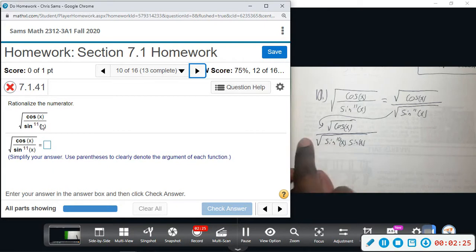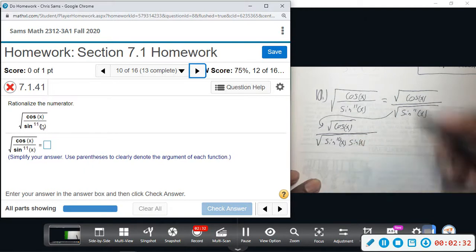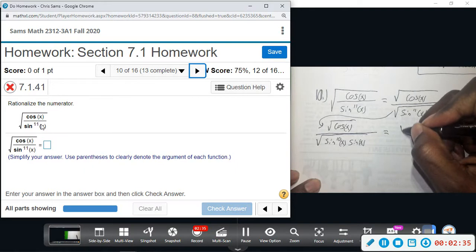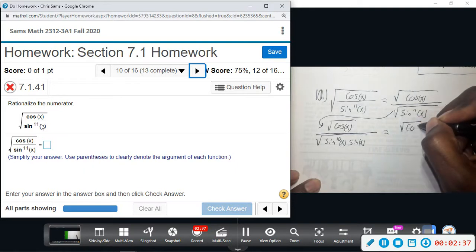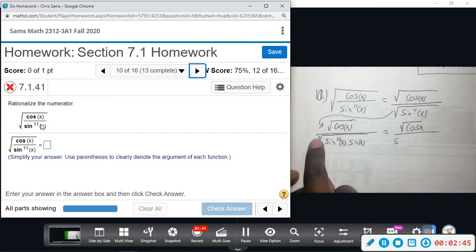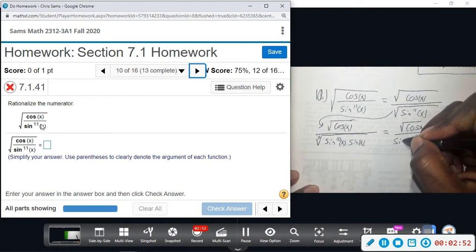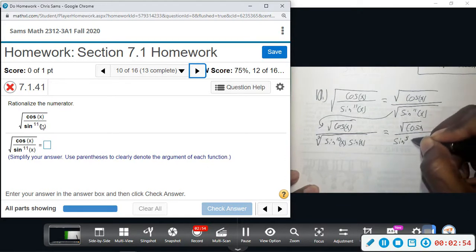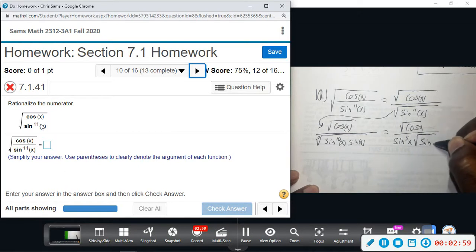So that these will come out and become sine to the 5th power on the outside, and this one will be left by itself because it's not divisible by 2. So we will end up with the square root of the cosine of x on the bottom, 10 divided by 2 because it's a square root. Whatever power you have, that's what you divide your exponents by, and whatever comes out evenly, that's what you put on the outside. So sine to the 5th power of x times the square root of sine of x.